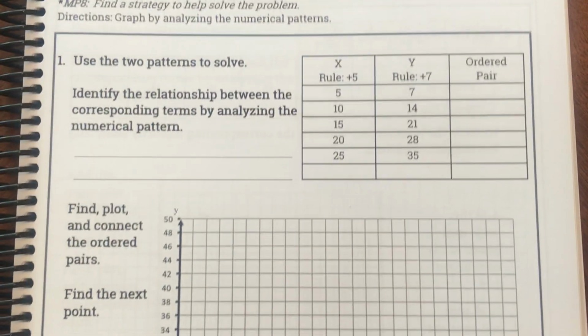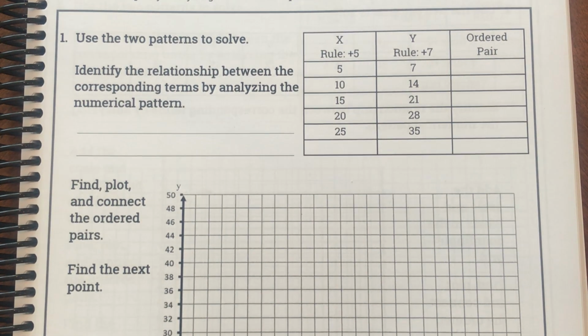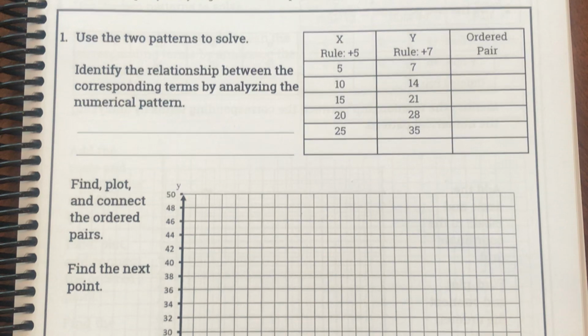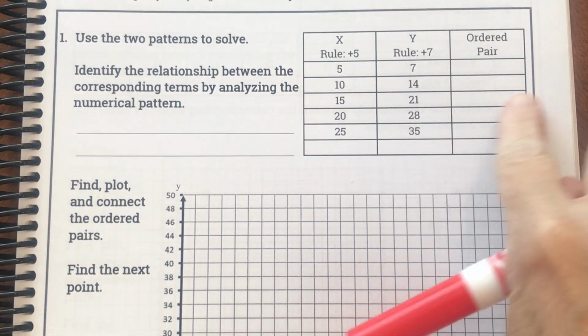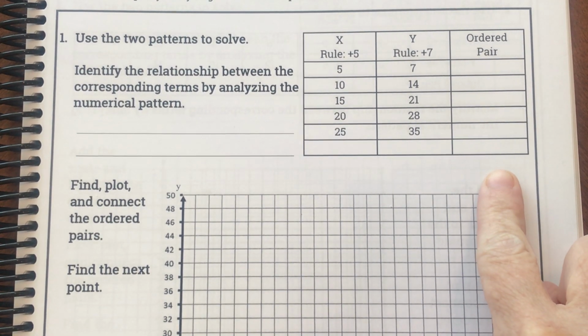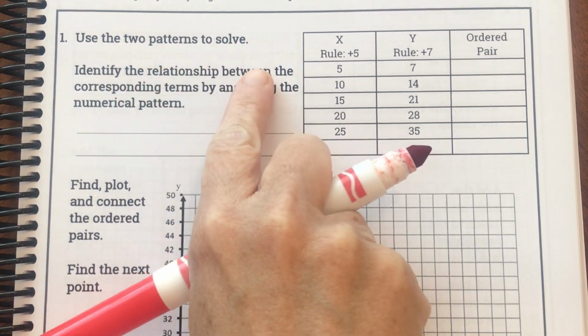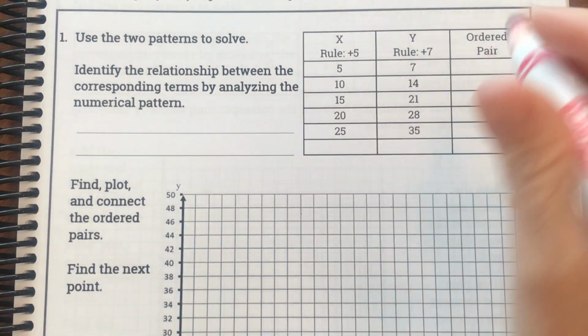Here's my first problem, and it says, use the two patterns to solve. Identify the relationship between the corresponding terms by analyzing the numerical pattern. So what I see first is they give me this table, and they want me to use the two patterns to solve and find the relationship.